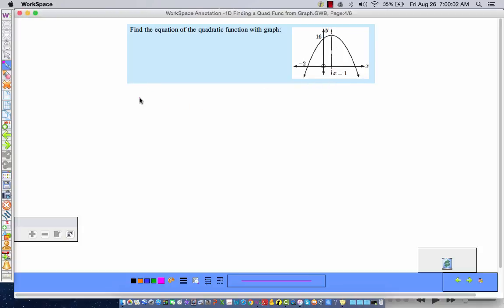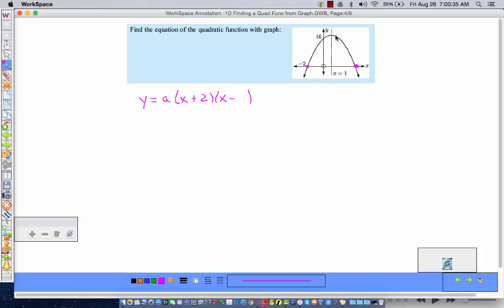So I'm going to start off again with y is equal to a times x, and since this is a negative 2 right here, this factor is going to be x plus 2, and then we have x, and we know we have a positive x-intercept, we just don't know what it is, but that means this is going to be minus, and now we need to find out what this is going to be. How do we do that?